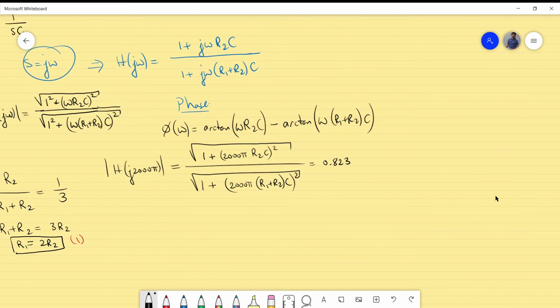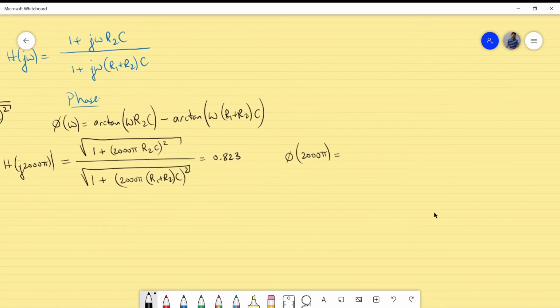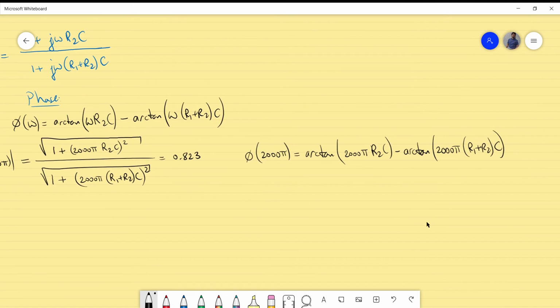Now for the phase expression I can do the same. So I will have arctangent at this frequency 2000 pi: arctangent of 2000 pi R2C minus arctangent of 2000 pi times (R1 plus R2) times C, and that must be equal to minus 23 degrees.